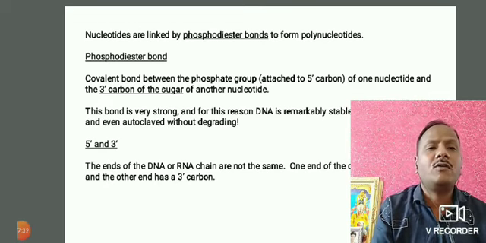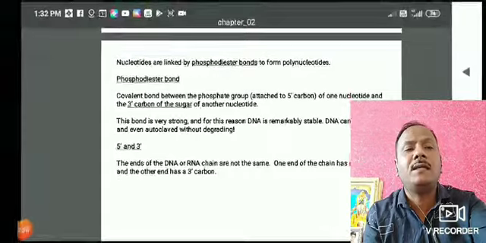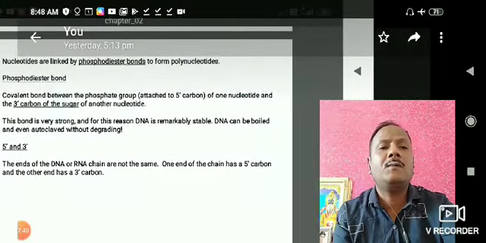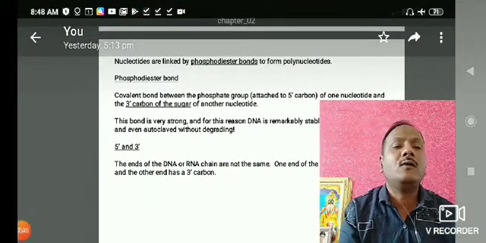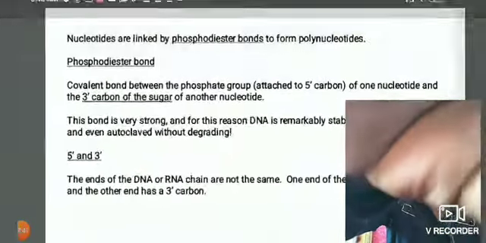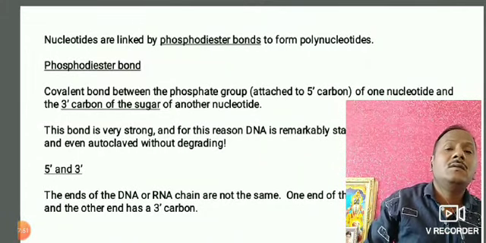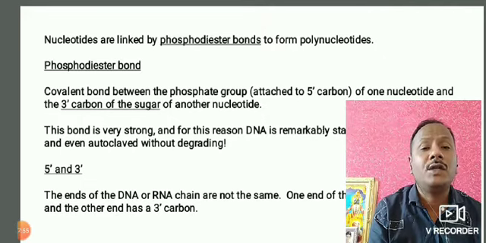This bond is very strong, and for this reason DNA is remarkably stable, and DNA can be boiled and even autoclaved without degrading. It means without any change, the DNA remains the same.